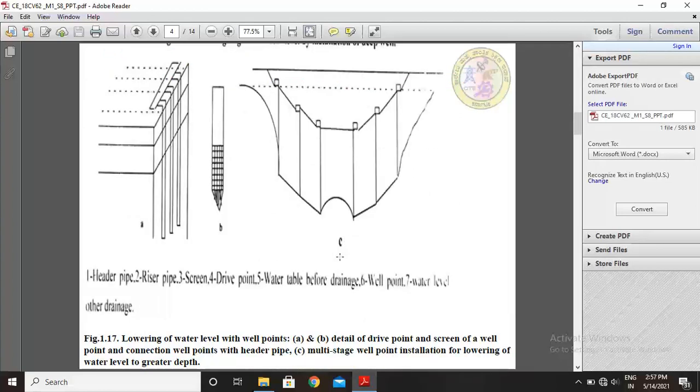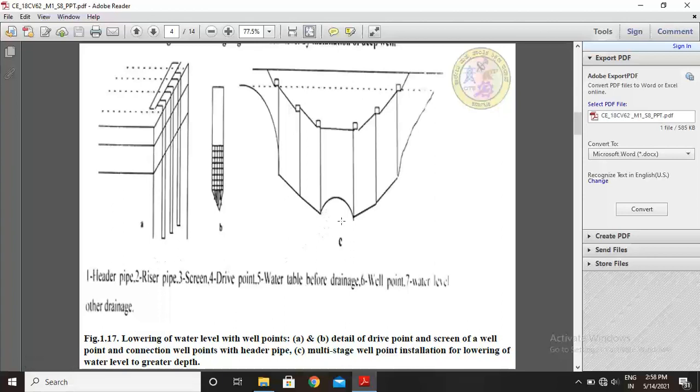These two diagrams explain the lowering of groundwater level with well points, figures A and B, showing the detail of the drive point and screen of a well point, and the connection of well points with header pipes.